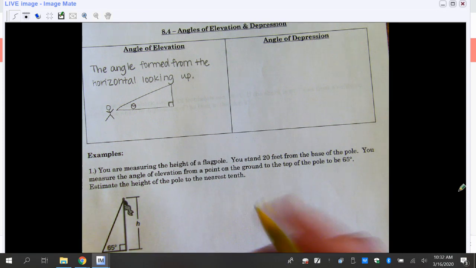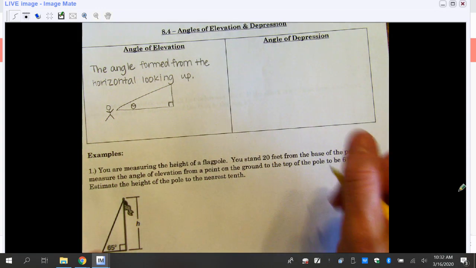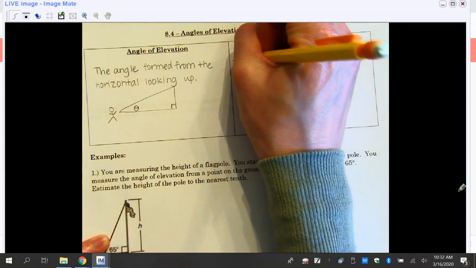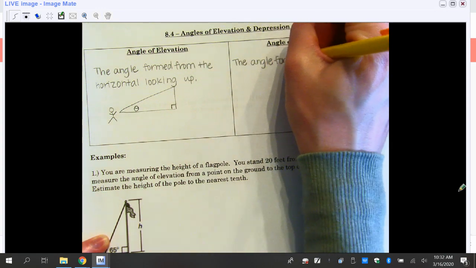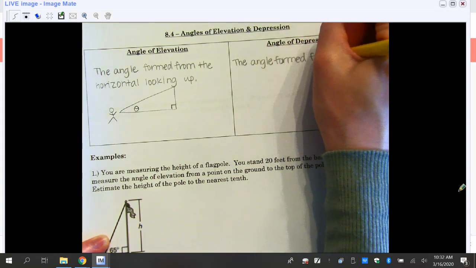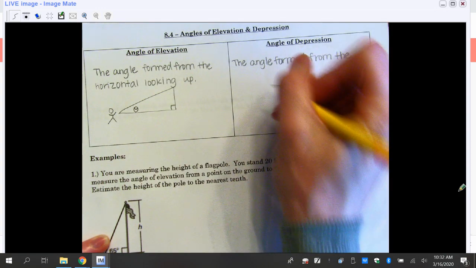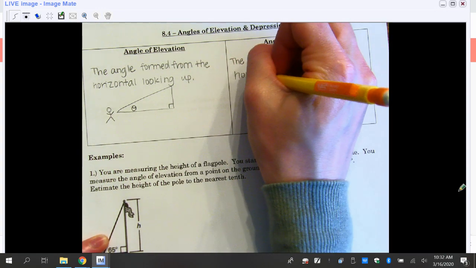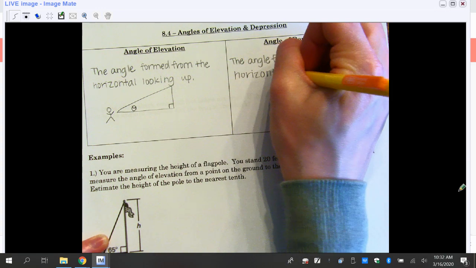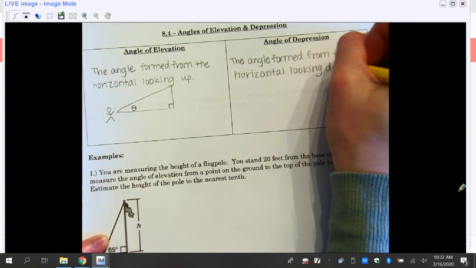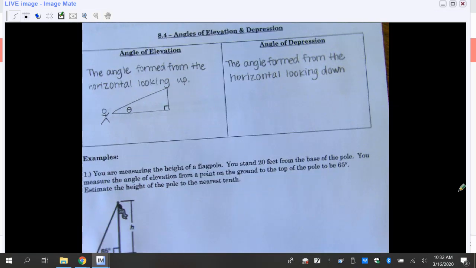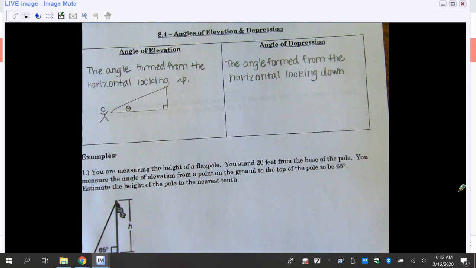Okay. So the angle of depression is along the same lines, except it's the angle formed from the horizontal looking down. So let's say you're on a hike, right? And you hike to the top of a mountain. I don't know, be a little dramatic here.